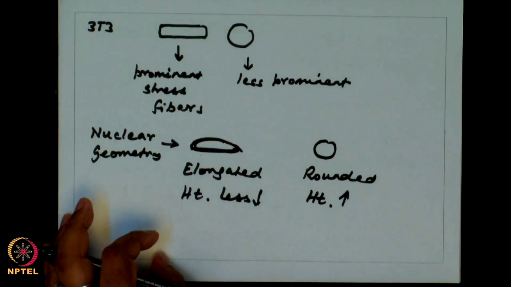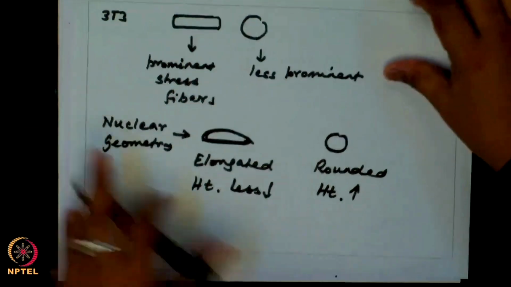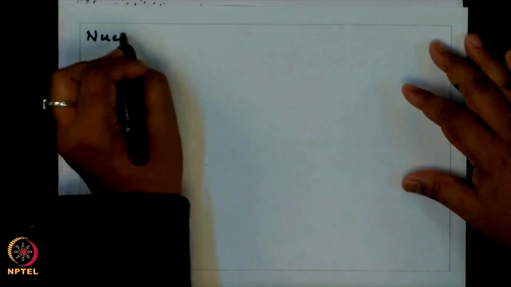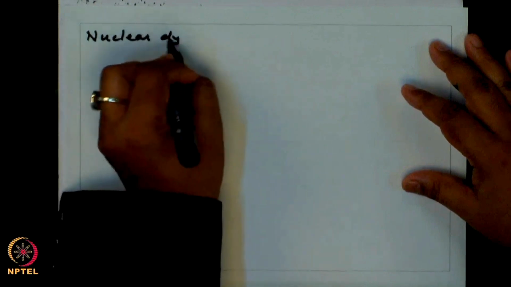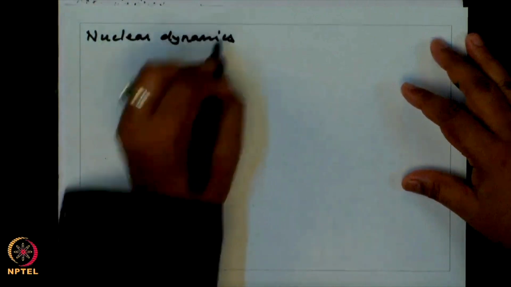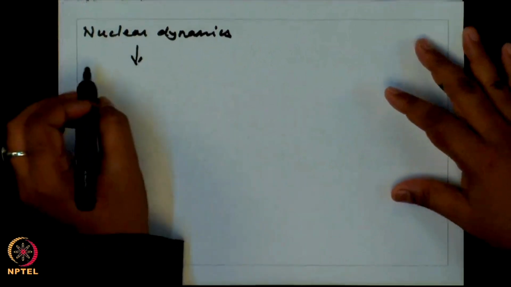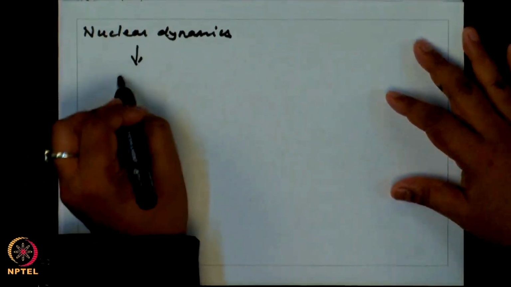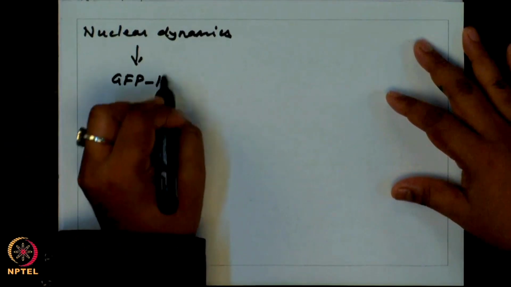Given this is static shape, they next asked how the nuclear dynamics change. To understand nuclear dynamics, they transfected these cells with GFP H2B.